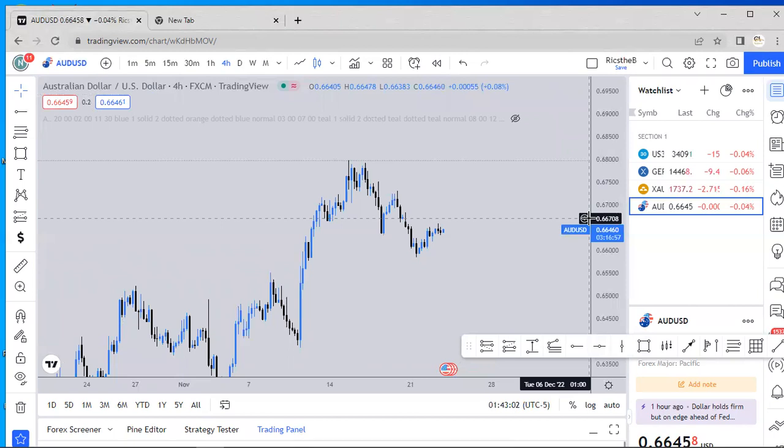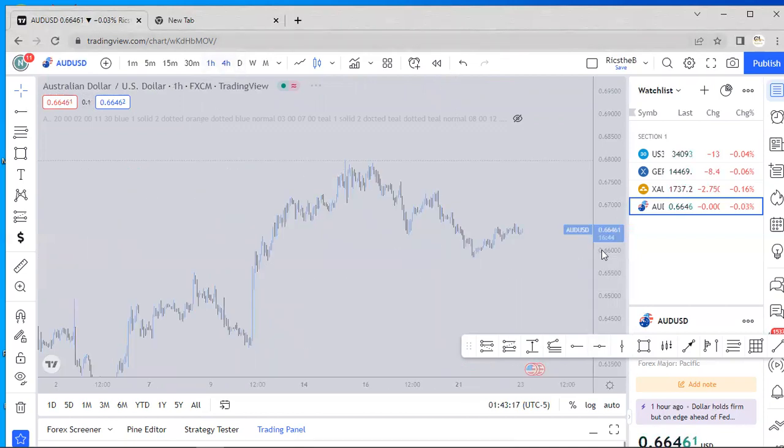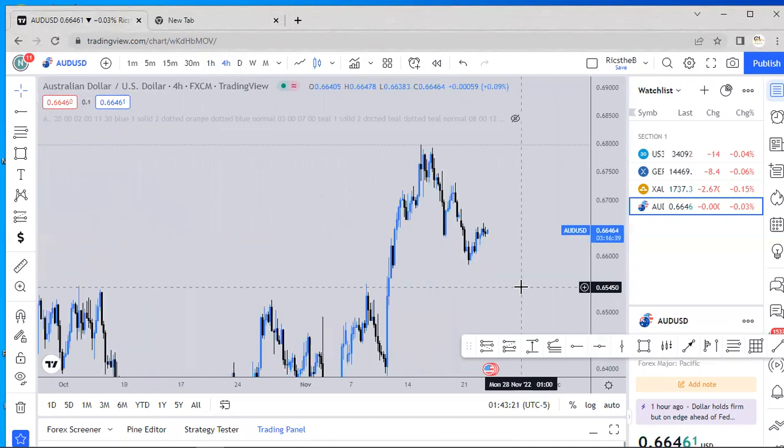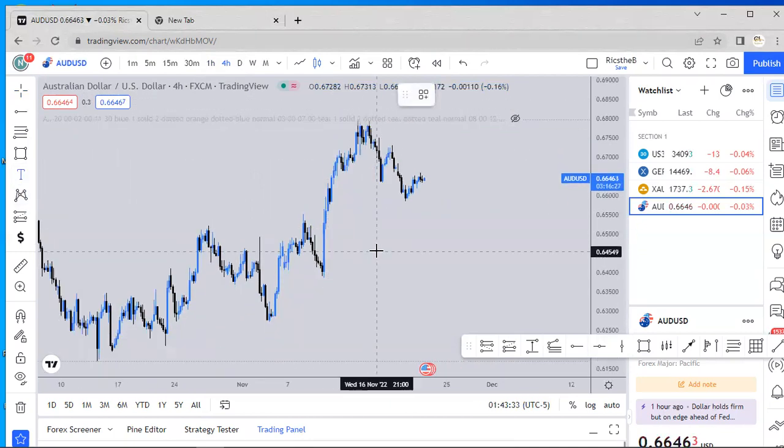The next thing I would really want to speak about is liquidity. When you speak of liquidity, we always say liquidity fuels the market. And I would really want to define liquidity as stop losses.